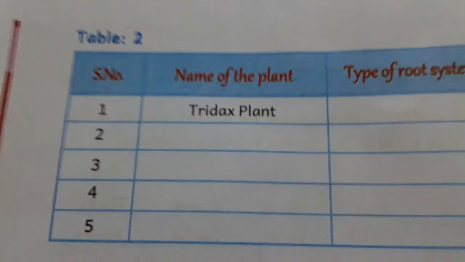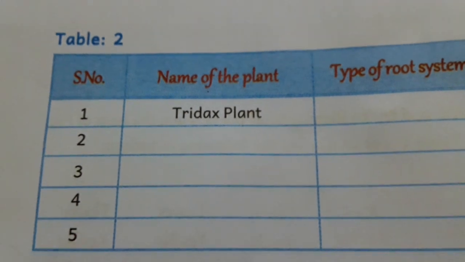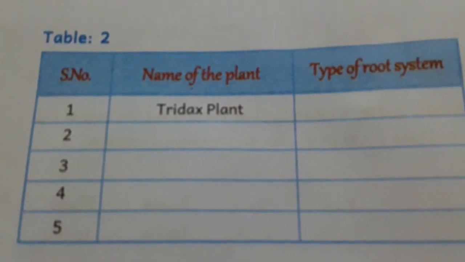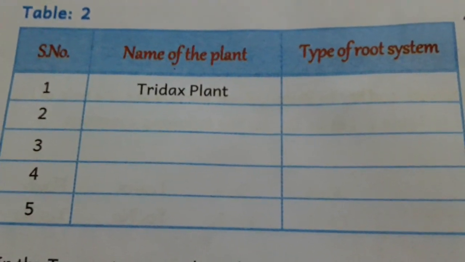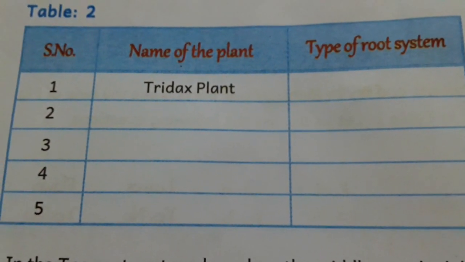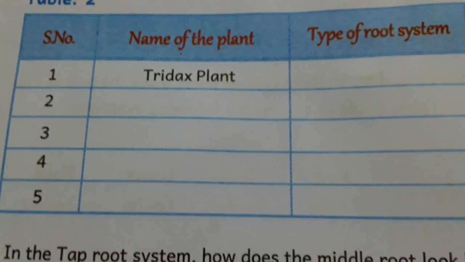And coming to table 3, they have given the name of the plant and type of root system. You have to observe your surroundings and then you can write that.